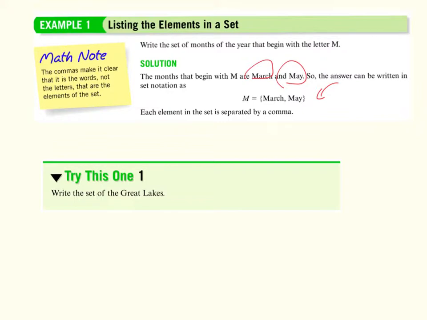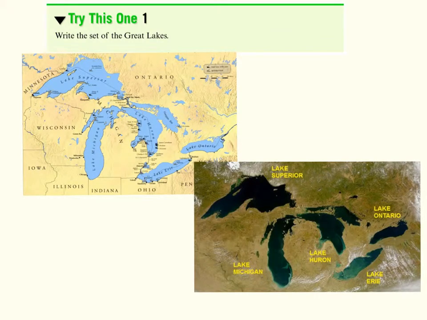Here's an example. Try this one. Write the set of the Great Lakes. Here I gave you 2 maps that I found on Google. Google is my best friend these days.